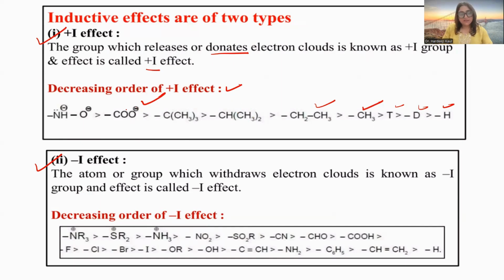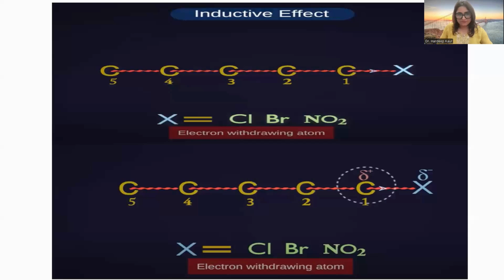But on the other hand, there is a minus I effect. In this, the electron withdrawing group withdraws the electron clouds. Halogens are all electronegative atoms. So let's take one example from here. So here you see an electron withdrawing group is there.